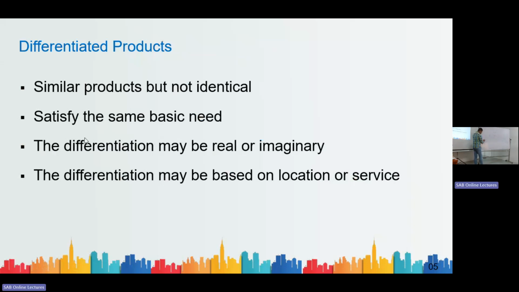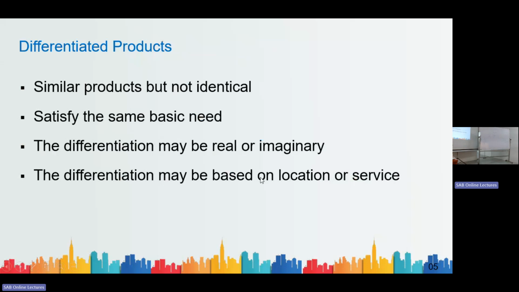Maybe the same supplier is providing garment items to all these outlets. So there is no real difference. One single supplier provides garment items to all these outlets, but the customer imagines that the products are different.